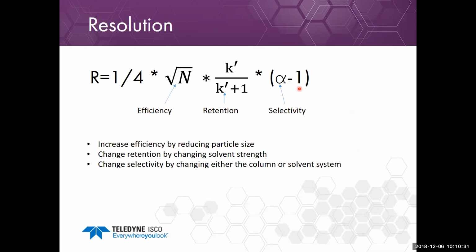So what is this magic selectivity? Selectivity is really the relative elution of two different compounds. By changing the selectivity, you can make one peak elute earlier than another peak, or you might even be able to reverse the retention so that the peaks come out in the opposite order.